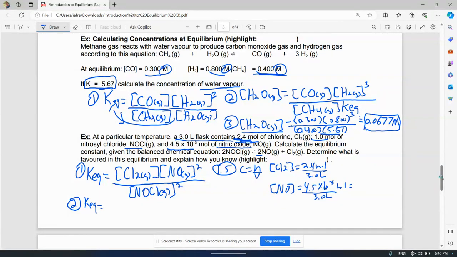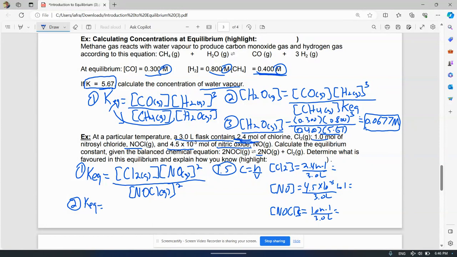It'll be moles per liter soon. And then lastly, your concentration of NOCl will be 1.0 moles divided by 3.0 liters. And so you're just trying to find your concentrations so you can plug them into your equilibrium expression.